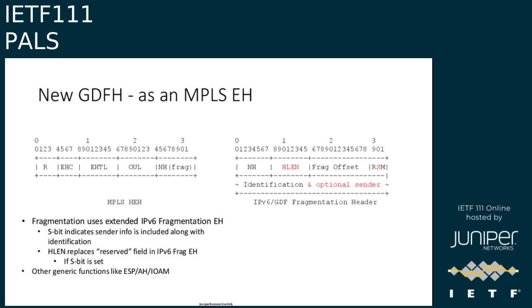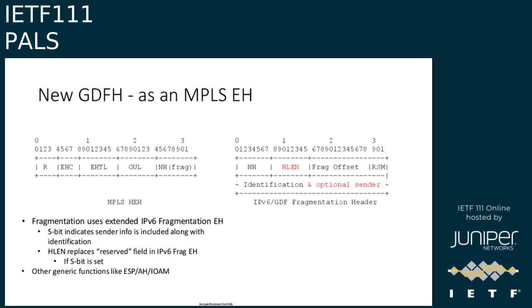The enhancement is needed because in the case of IPv6, the source and destination addresses are used together with the identification to know which fragments go together, because the identification number itself could be the same for different packets from different nodes. So we need to use the source and destination addresses as the context. Now with MPLS, we do not have that anymore.